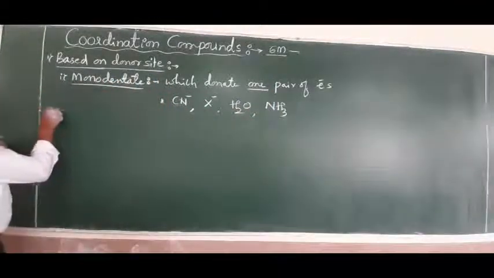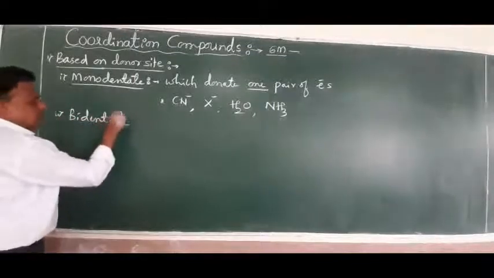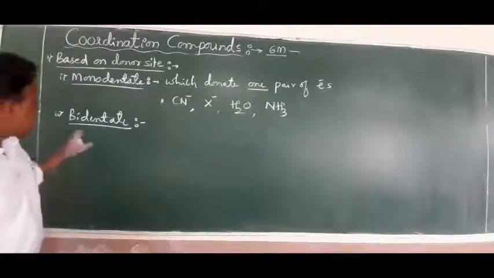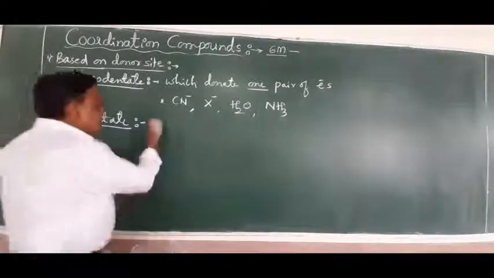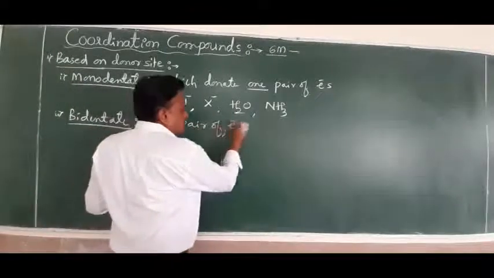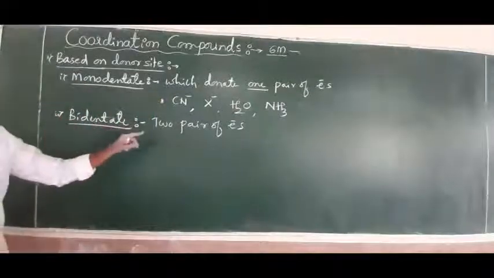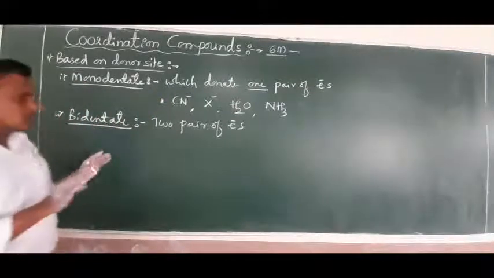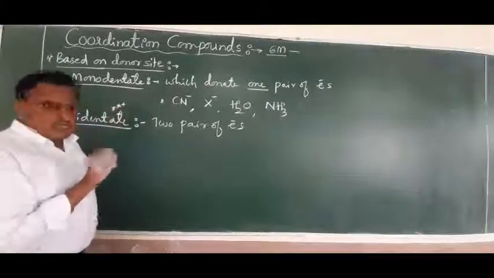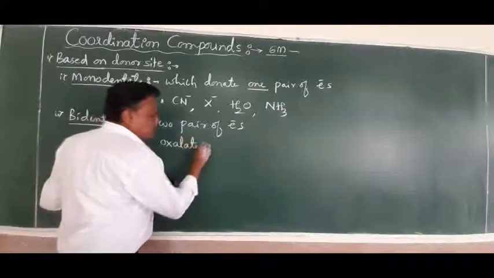Now come to the second one, bidentate, or another term, didentate. These are the ligands which donate two pairs of electrons to the central metal. Keep in mind, this is very, very important for 1 mark. Give an example: oxalate.